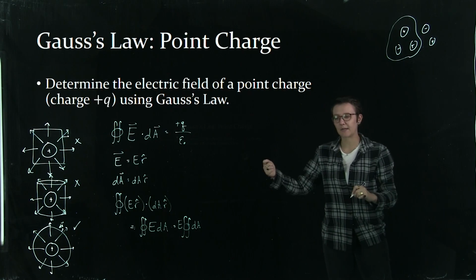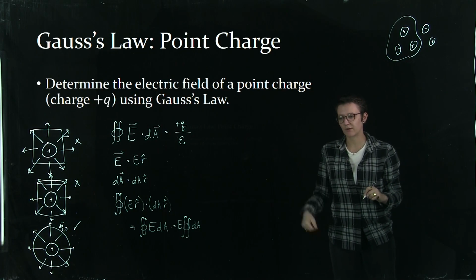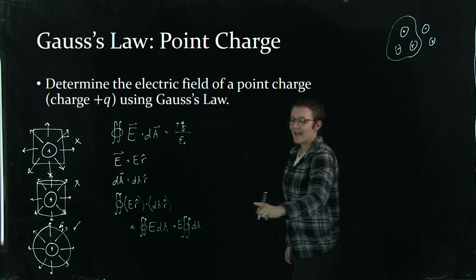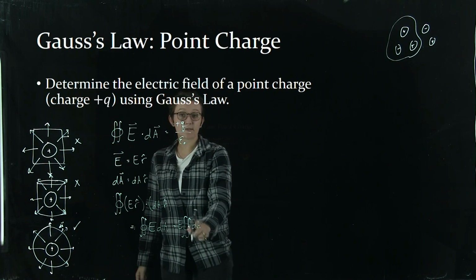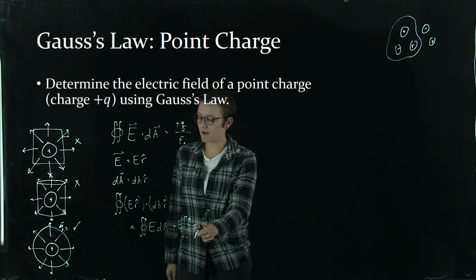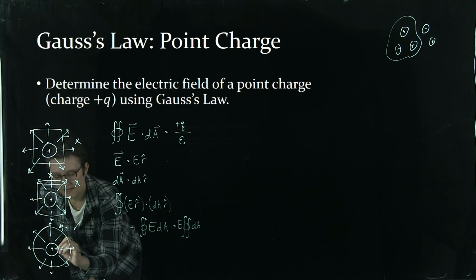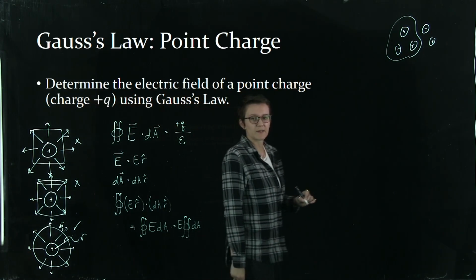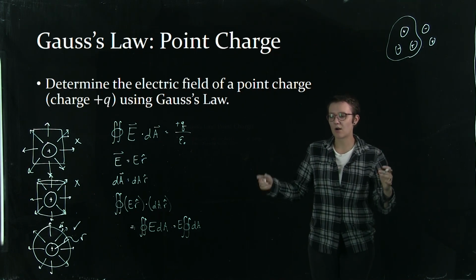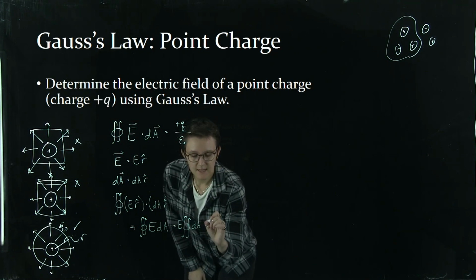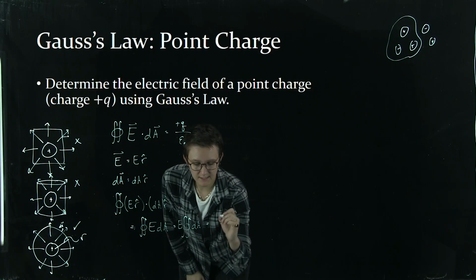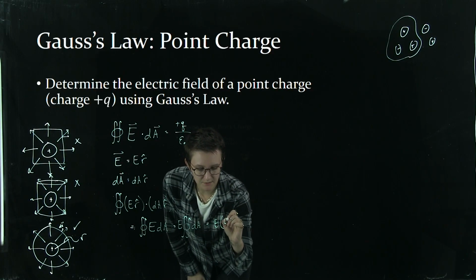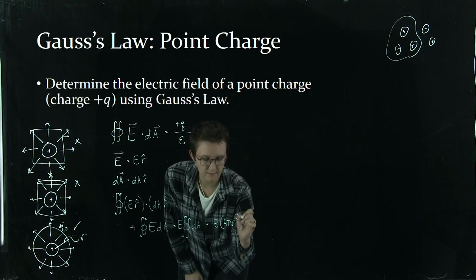I pulled E out of my integral because it's not changing over my surface, and now I'm integrating dA over the surface of this sphere. This will just give me the total area of the sphere. So if my Gaussian surface has a radius of r, then I can write that my electric flux is E times 4 pi r squared.